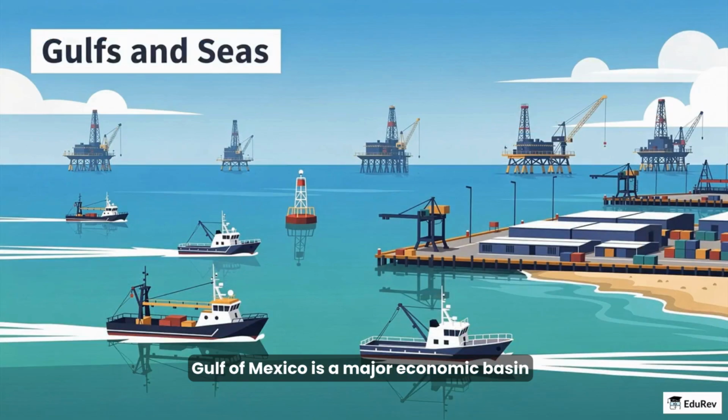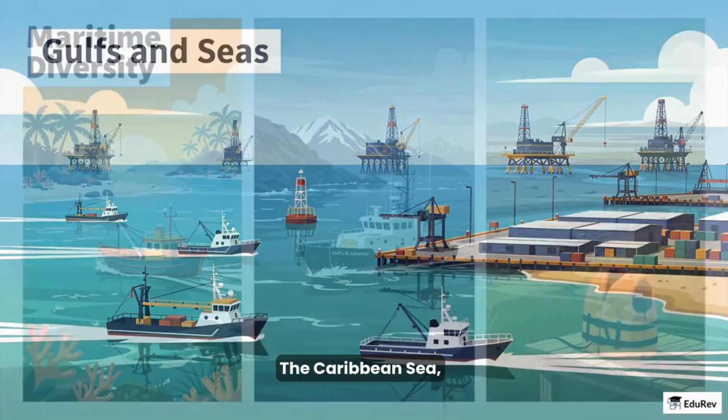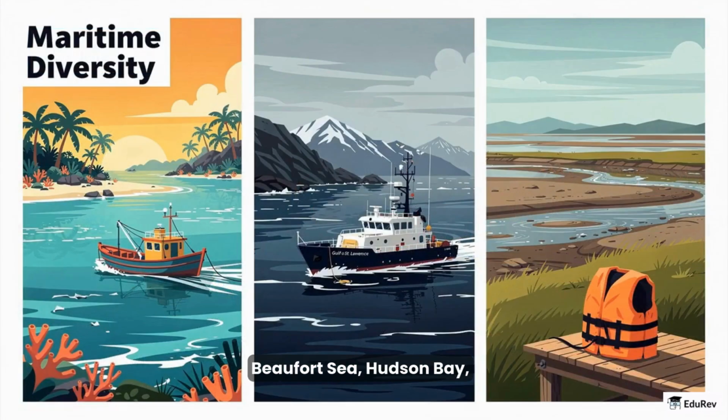The Gulf of Mexico is a major economic basin for oil and gas, fisheries, and shipping, while the Gulf of Alaska, Gulf of California, and the Gulf of St. Lawrence each have distinct marine ecologies and economic roles. The Caribbean Sea, Beaufort Sea, Hudson Bay, Labrador Sea, and Bering Sea further define North America's maritime geography, linking the continent to global oceanic systems and climatic processes.